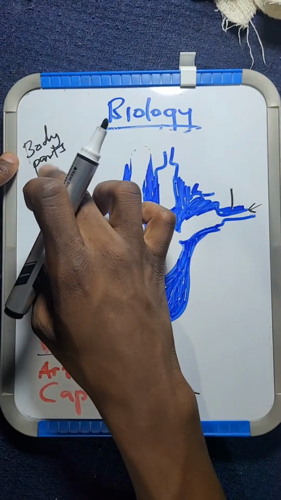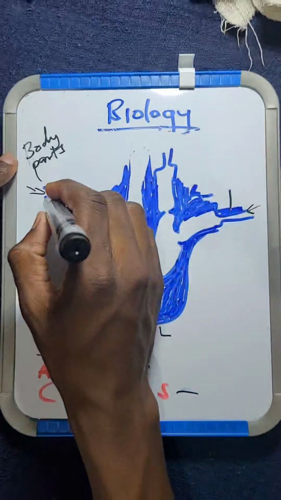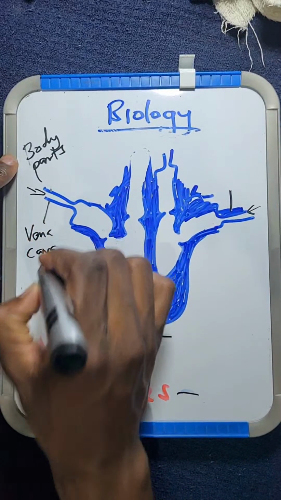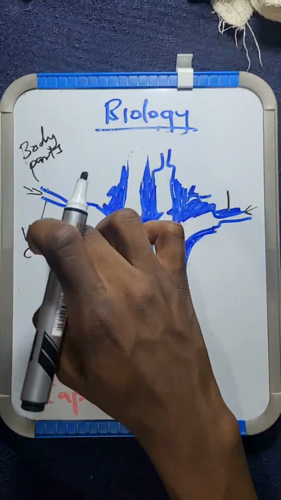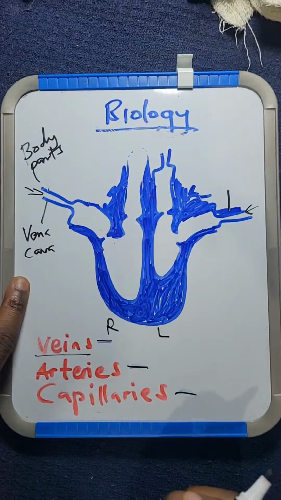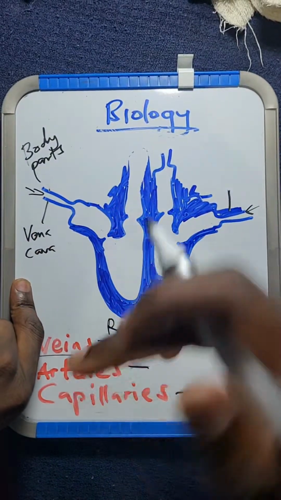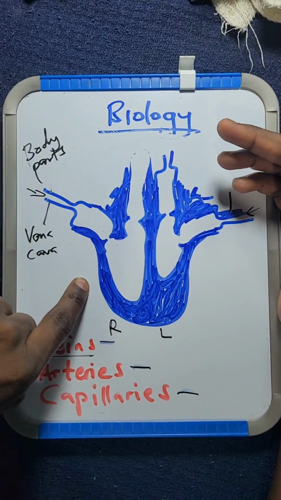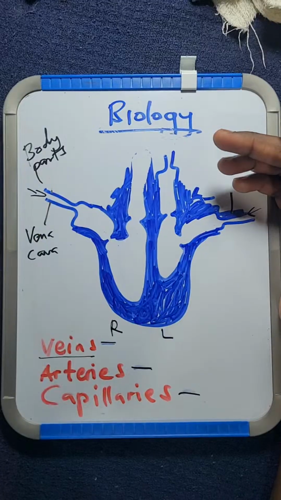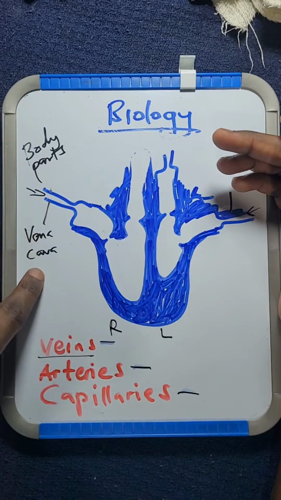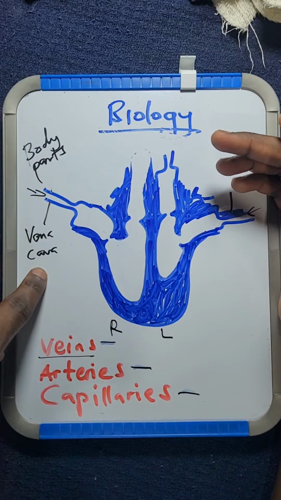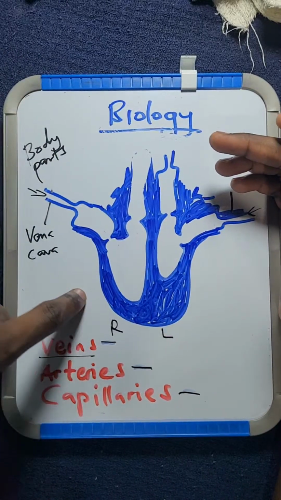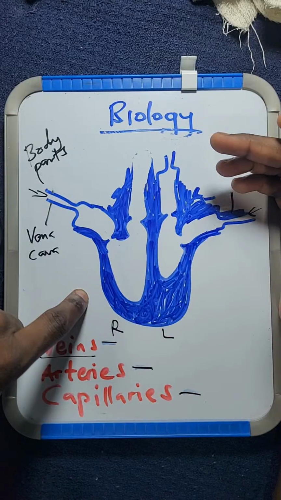The name of this vein is simply vena cava. The vena cava is a vein on the right side of the heart which brings blood from different parts of the body to the heart. Take note of that.